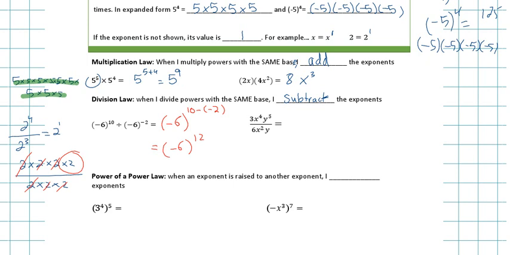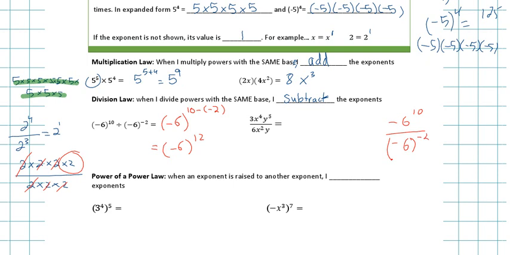So if we have minus 6 exponent again without the brackets, you can't simplify it because your bases are not the same.